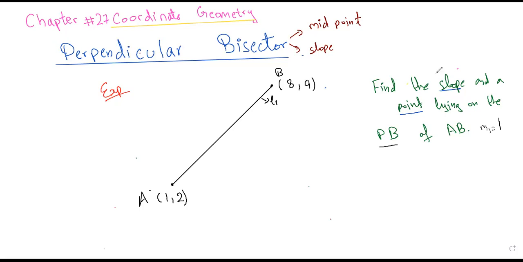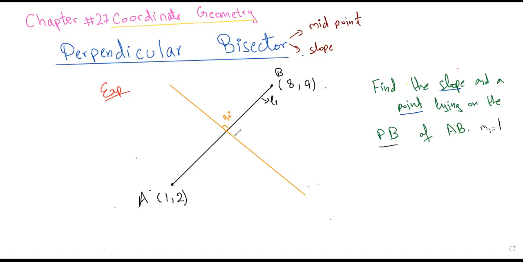Yes, you guys are right that the point lying on the perpendicular bisector would be the midpoint of AB. If I make the perpendicular bisector, it would be something of this type, and it would have a 90 degree angle because obviously they are perpendicular. This is the point lying on the yellow line as well. That is the midpoint of AB, and that is 4.5 and 5.5.